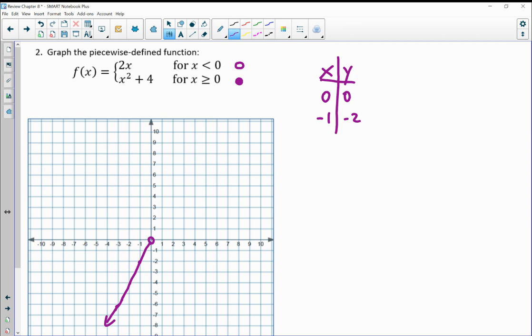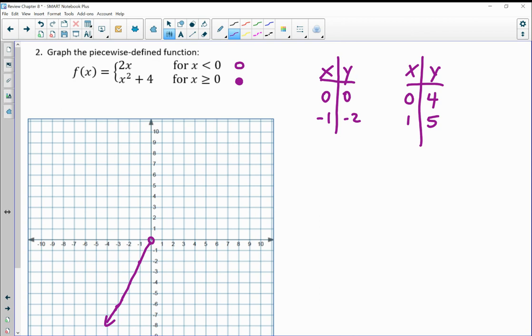Now let's look at the second part of our piecewise, for x greater than or equal to 0. So again, let's put 0 down, and then we can do 1 to the right. Putting in 0, 0 squared is 0, plus 4 is 4. 1 squared is 1, plus 4 is 5.